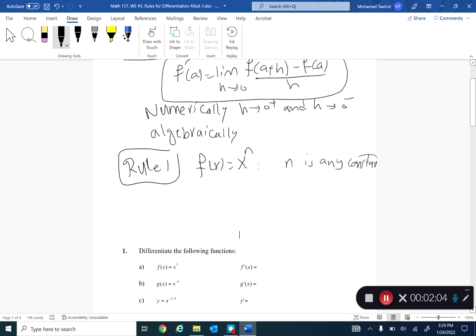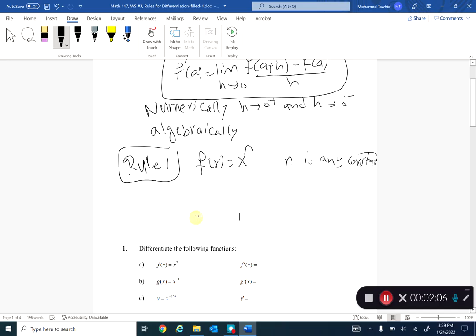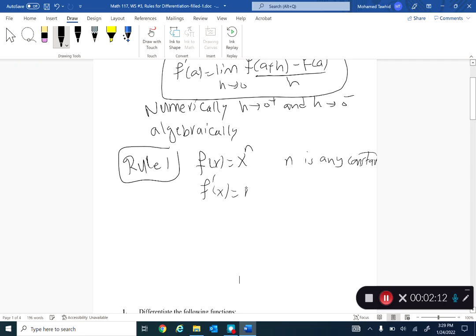So what is the formula for this derivative? The formula is f prime of x, or sometimes I write it as df by dx, the derivative of f with respect to x. As you can see, your f is a function in x, so I have to take the derivative of f with respect to x.